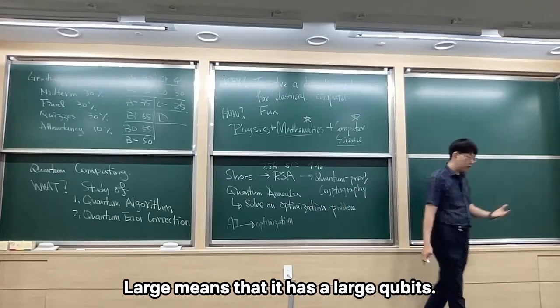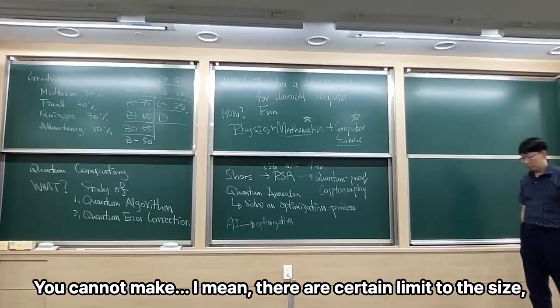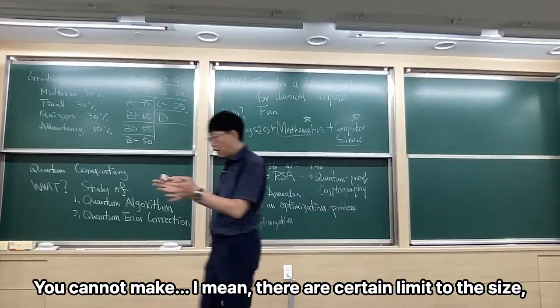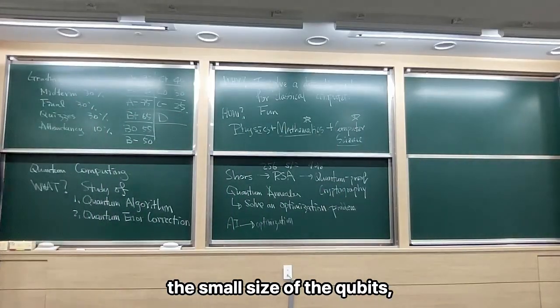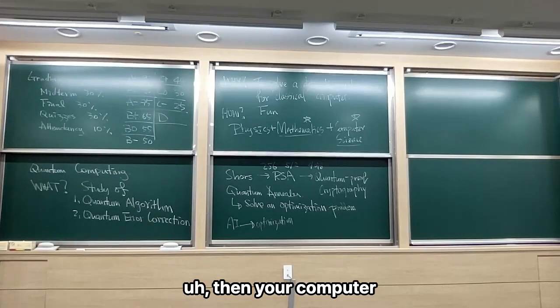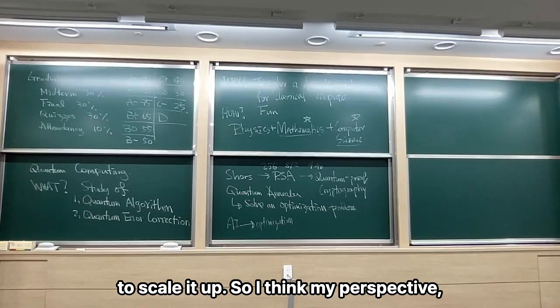Large means it has many qubits. How can you make that? I mean, there is a certain limit to the small size of the qubits. So if you have more and more qubits, then your computer gets larger and larger. People haven't found out how to scale it up.